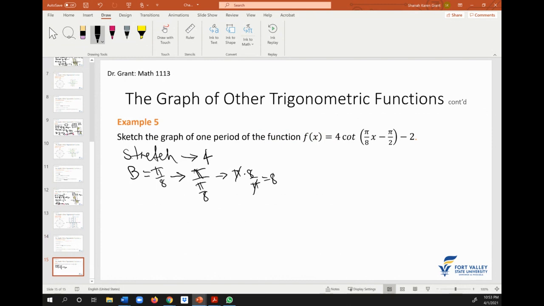My phase shift, well, that's c over b. So that's going to be pi over 2 over pi over 8, or pi over 2 times 8 over pi, which is 4.